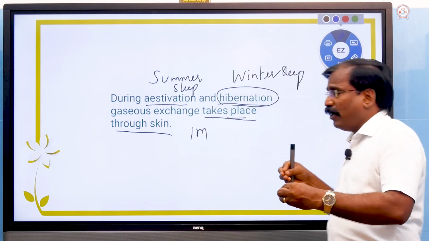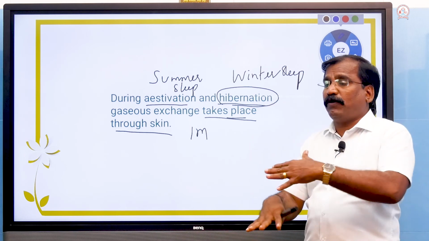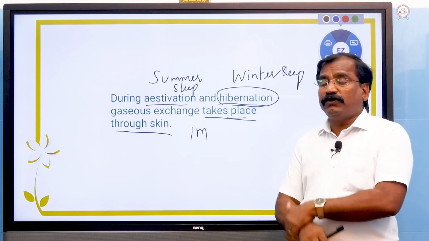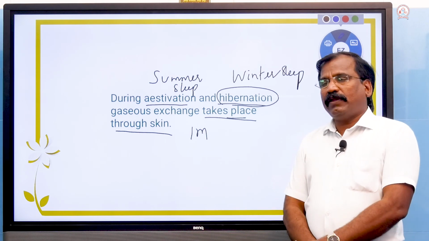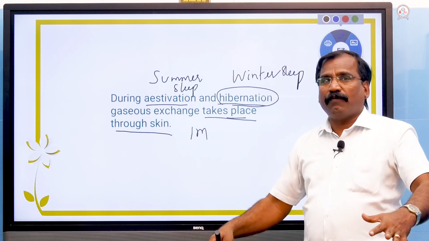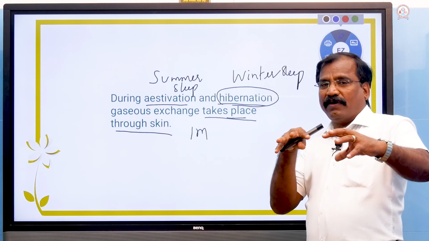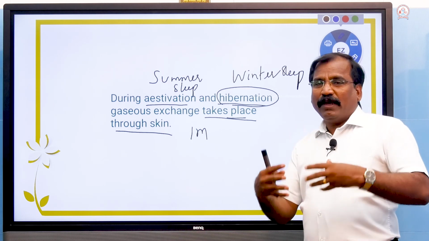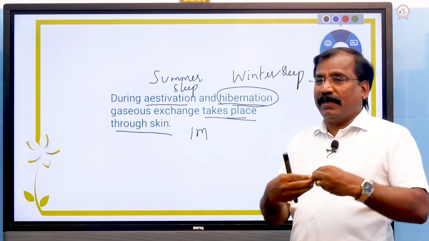So in order to escape from that critical situation, it goes to a safer place, any warm place, and it is in an inactive stage, without doing any work, just like coma. But only the life processes, only the organs, to keep the body going, it needs some energy, that is only generated.